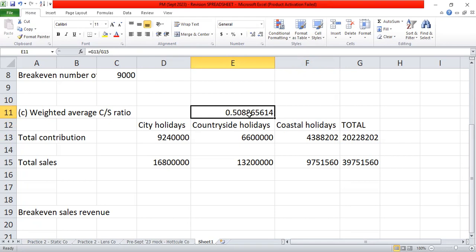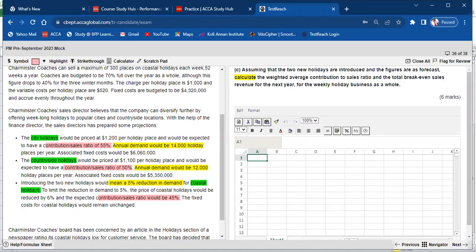Weighted average CS ratio as a percentage, let me make it about whatever percent. I mean, decimal places. It's entirely up to me. But whole number, it will distort your final answer too much. Friends, 6 marks for 2 things.